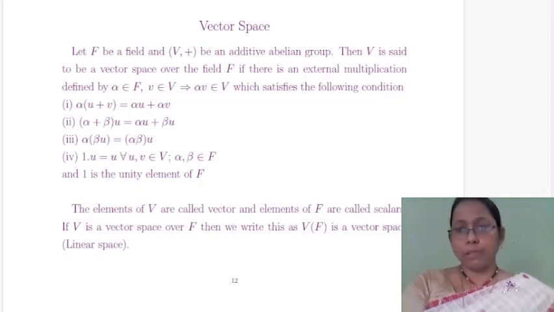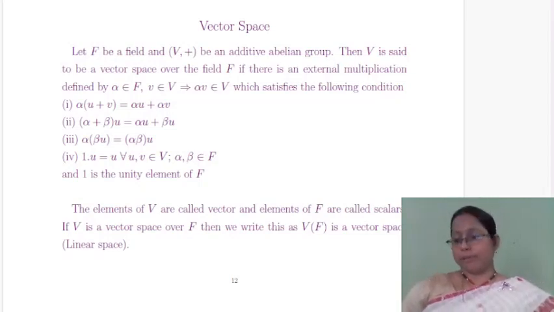Number 1, V is closed under vector addition, that is, u, v belongs to V implies u plus v belongs to V. Elements of V are associative. All of us know what associativity is because we all study this from class 3-4 onwards.